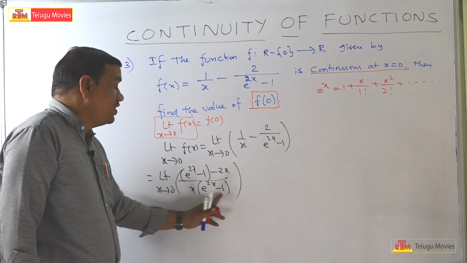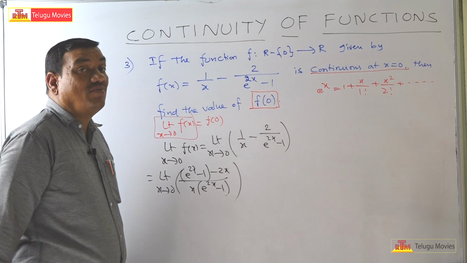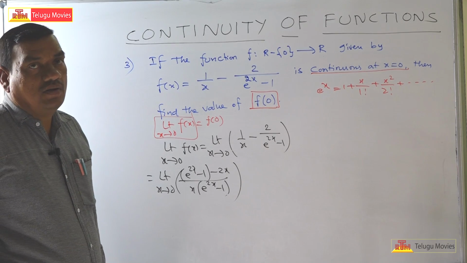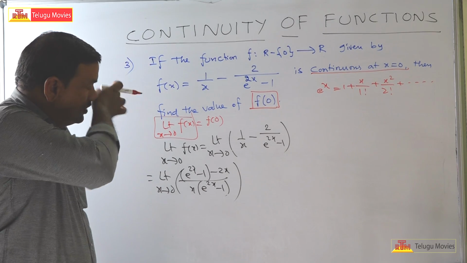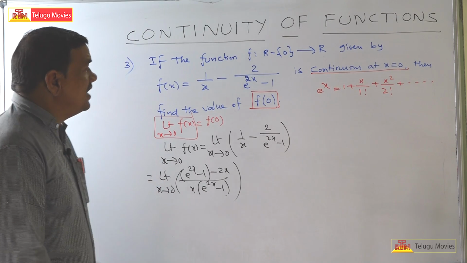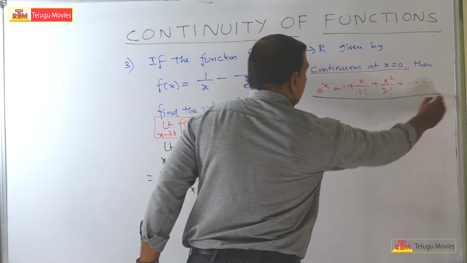You can do L'Hospital's rule also, but if you do, the denominator has x and e power 2x minus 1, a product u into v, so you will apply it again and again, the derivatives get lengthy. So that's why don't try L'Hospital's rule, it takes some time. Better you go for expansion.